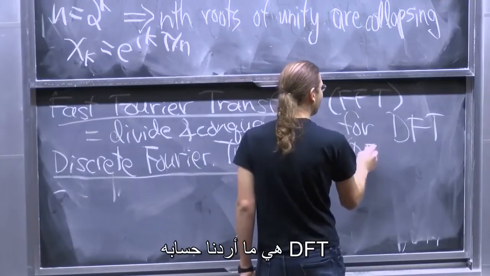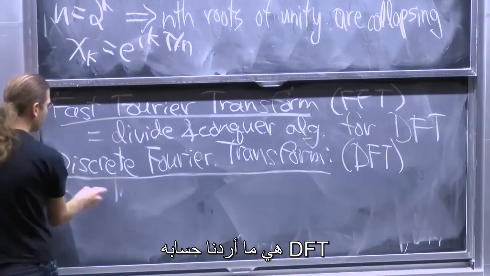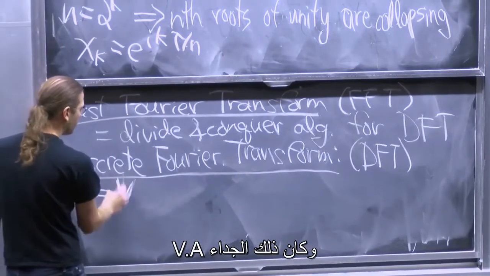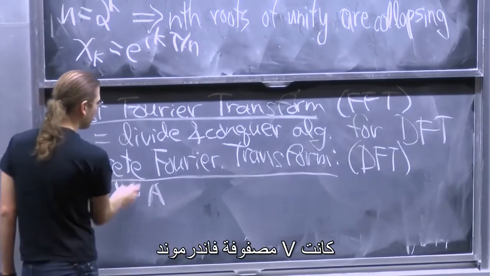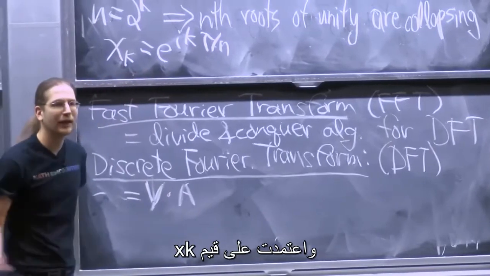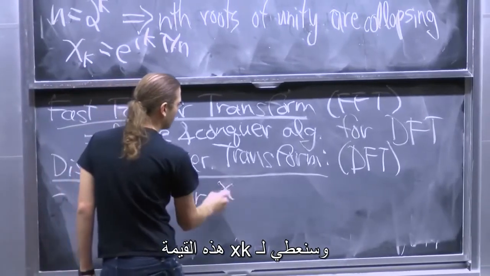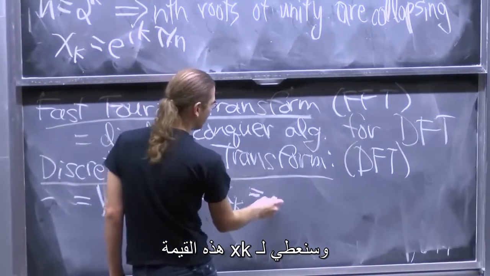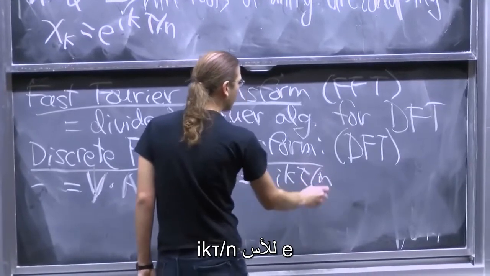So the DFT is this thing that we wanted to compute, which was basically the product V times A. Remember, V was the Vandermonde matrix, and it depended on all these xk's. And we're going to set xk to be e to the i k tau over n.